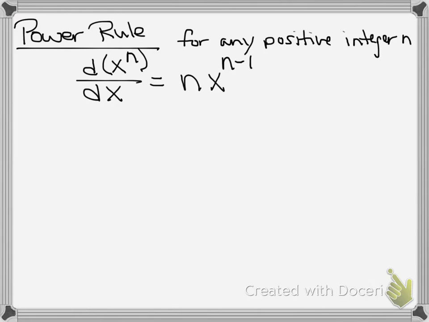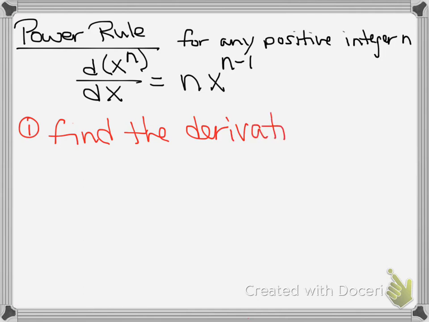So let's knock out some examples. First example. Find the derivative. That probably should say example instead of 1, so I'm going to fix that because it's going to drive me nuts. It might not bother you, but it's going to bother me.